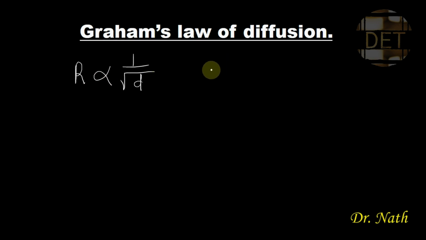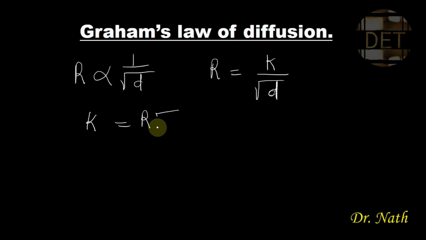So my Rho will now be equal to K, which is the Graham's constant, over the square root of D, which is the density of the gas. My Graham's constant will be equal to Rho square root of D. This is the equation for Graham's constant, and it is very crucial and vital.